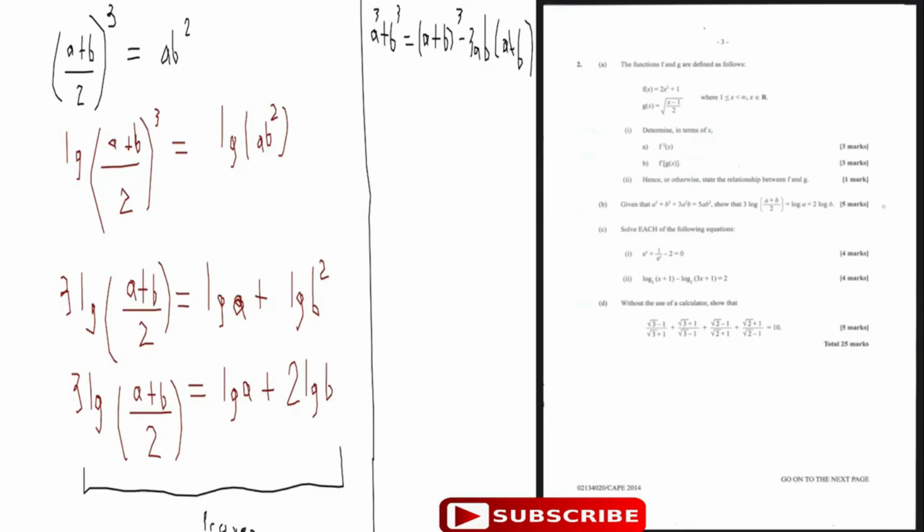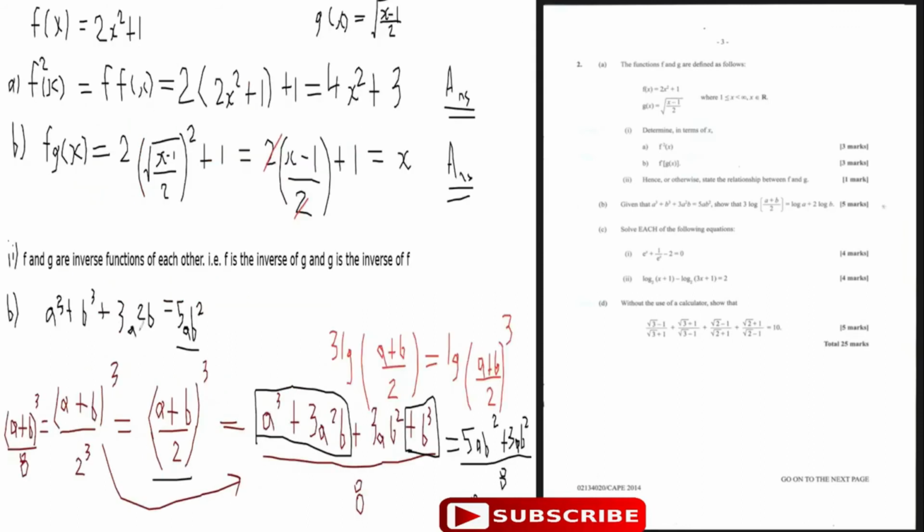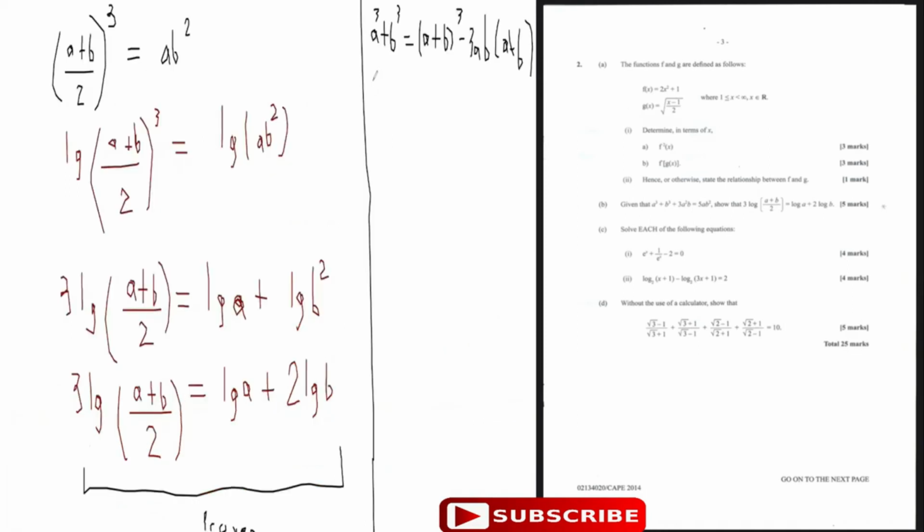And then the question I told you, that A cube plus B cube plus 3A squared B equals 5AB squared, you could have then brought over this 3A squared B to say that, okay, well, A cube plus B cube is going to be equal to 5AB squared minus 3A squared B. You're wondering, how did I get that?